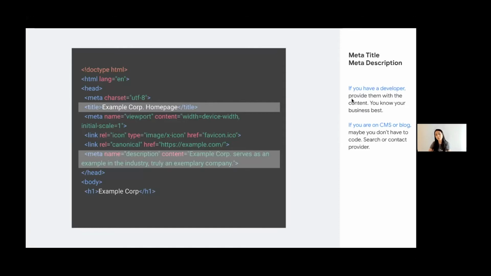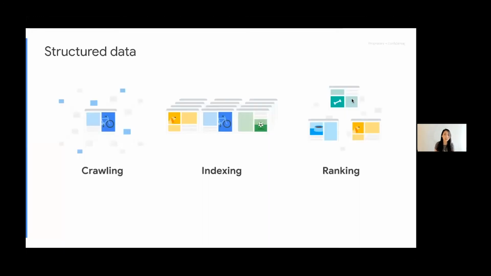Generally, developers might focus too much on the technical part. So you can supply them with these lines and ask them to implement it. If you are on a CMS, content management system, be it anything from WordPress, Drupal, or any other service provider, or any blog, usually you can change these directly on the user interface without touching the code. Search for the instruction online or contact the CMS support if you have any questions.